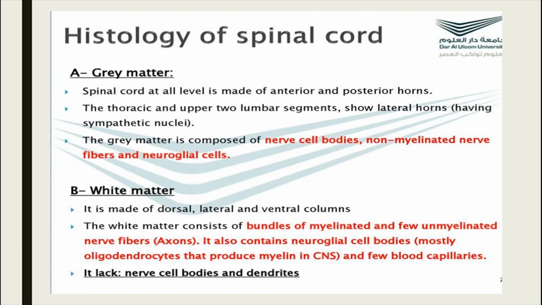They are responsible for the production of myelin in the central nervous system, so their cell bodies can also be seen in the white matter. A few blood capillaries may be seen. In white matter, nerve cell bodies and dendrites are usually absent. Majorly, white matter contains long, elongated, myelinated axons.